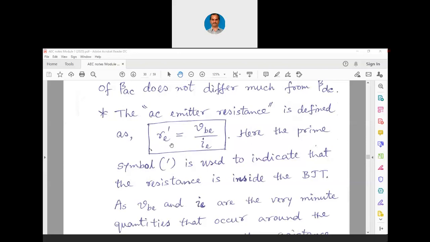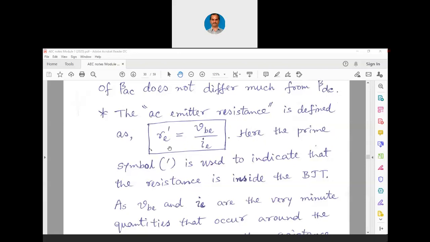We write it specifically that way because it is internal to the BJT. All other resistors which are external to the transistor, we write in capital letters. Here we are writing in small letters. This should not be confused with the resistance which we physically connect at the emitter, where we use capital RE.